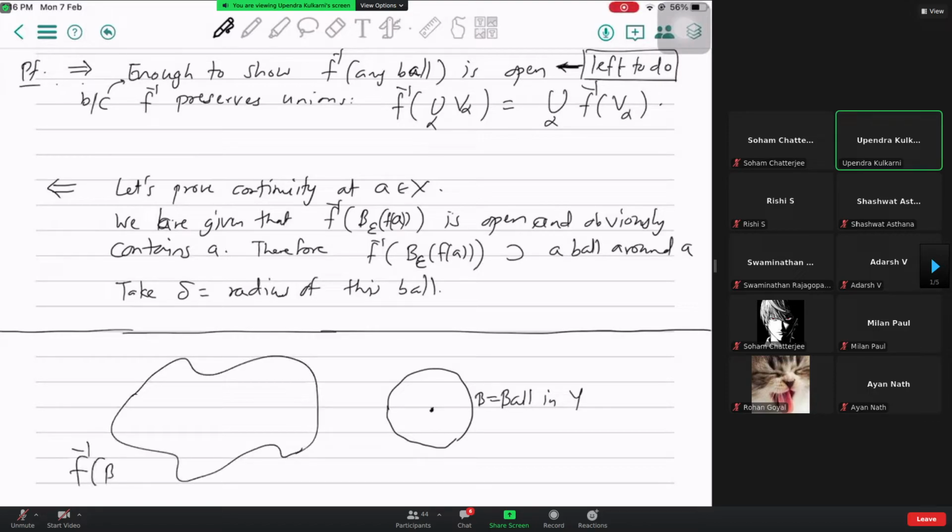And let us say this is F inverse of B. The idea behind that first sentence is that if I take some point in the inverse image, let us say A, doesn't matter, I will be done if I show that there is an entire ball around A that is in the inverse image of the ball that I have chosen in Y.